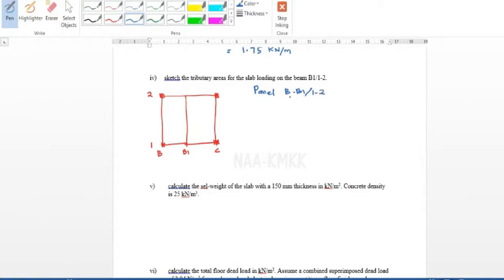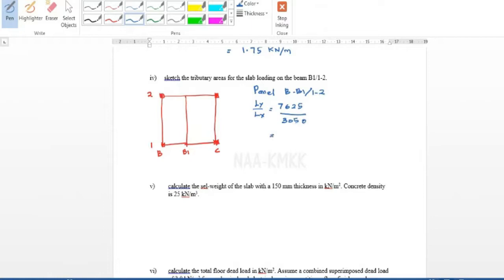So for panel B, B1, 1, 2, Ly over Lx. Refer to your question. The Ly is 7625. Lx is 3050.